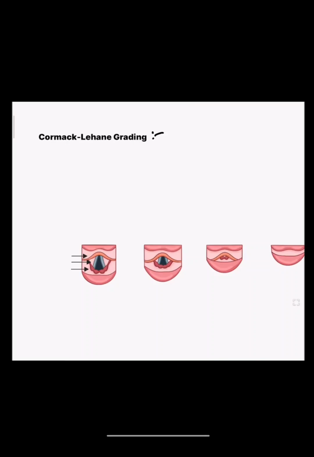So you put the laryngoscope, you lift the tongue, and based upon the appearance of the vocal cords, Cormack-Lehane grading is given. Grade 1 is what, guys? If the whole laryngeal aperture is visible, or you see the full glottic opening, that is Cormack-Lehane grade 1.